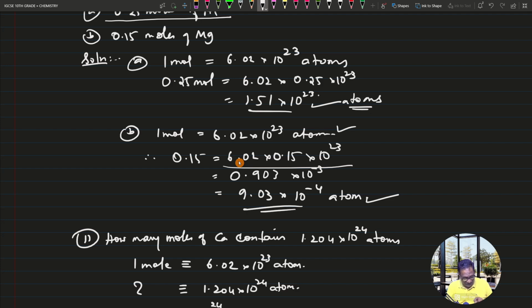This works out to 0.903 into 10 raised to 23. It's not 10 raised to minus 3, it's 10 raised to 23.